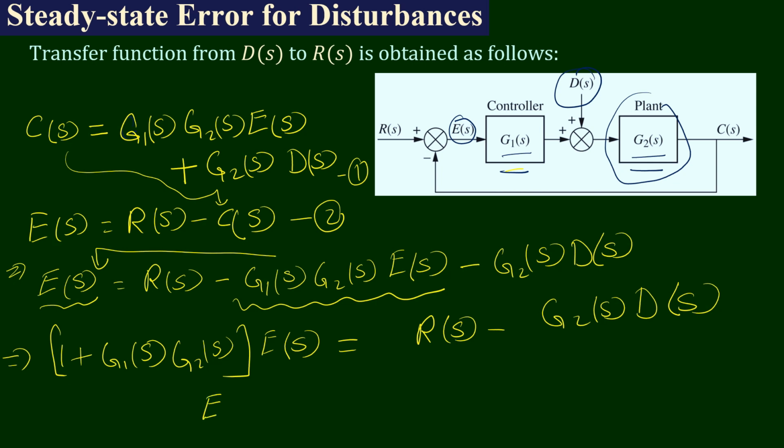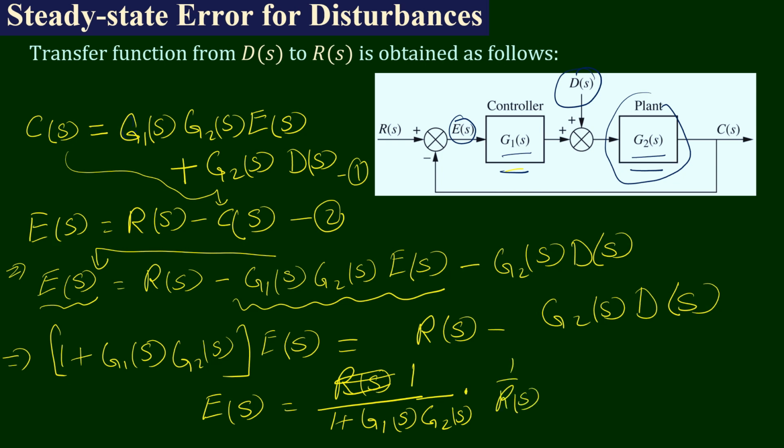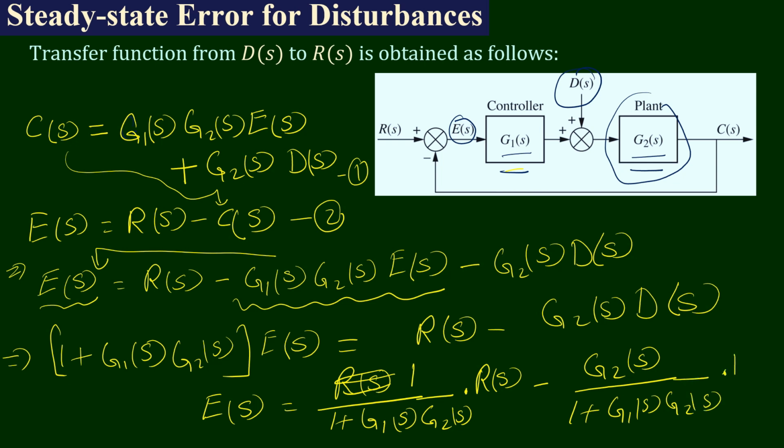Then we can say that E(s) is equal to R(s) upon 1 plus G1(s) G2(s), or in proper format, 1 over 1 plus G1(s) G2(s) into R(s), minus G2(s) divided by 1 plus G1(s) G2(s) into D(s).